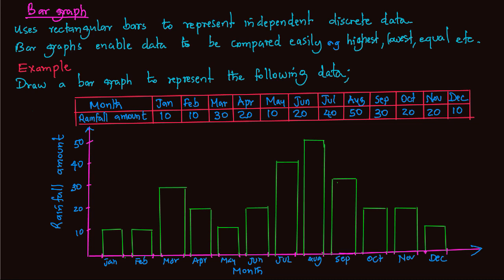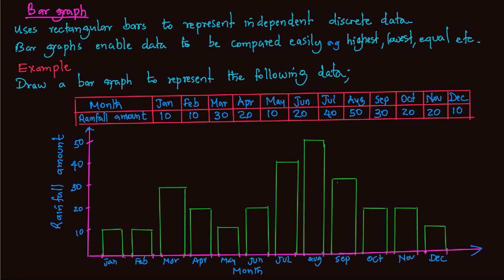Example: draw a graph to represent the following data. So we have data on rainfall amount per month in a given year. So from the table, we draw the bar graph by choosing an appropriate scale.